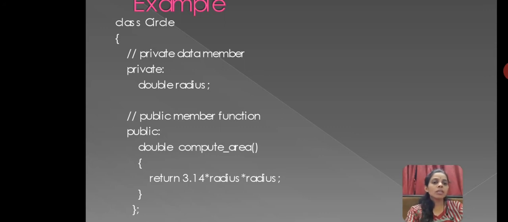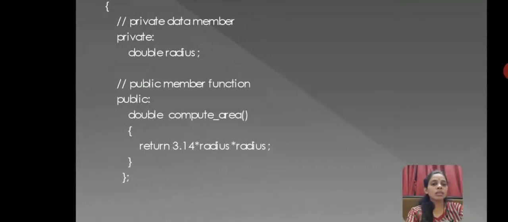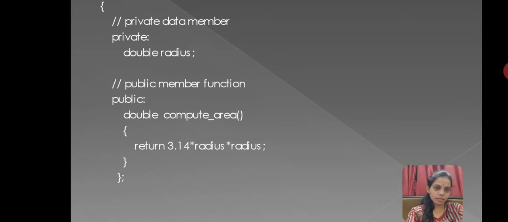Now in the public section we have declared computeArea. This computeArea is a member function of the Circle class only. So what have we learned? Private data members can be accessed by a member function of the same class. computeArea is a member function of the Circle class only, so here we have used radius into radius directly.